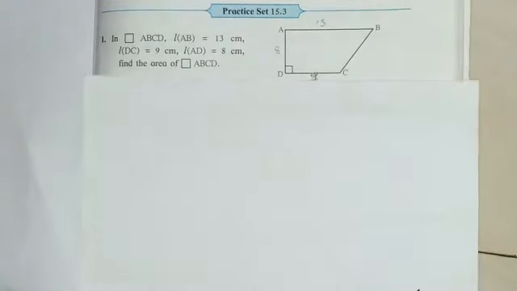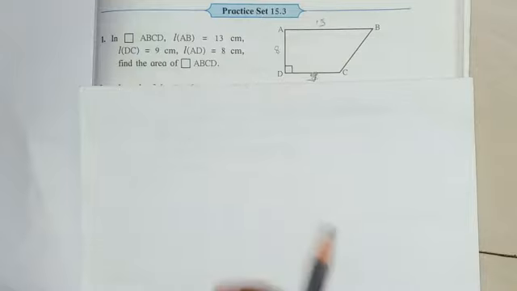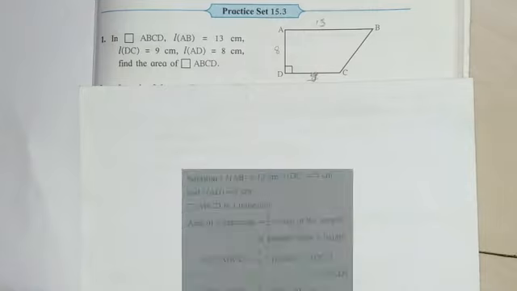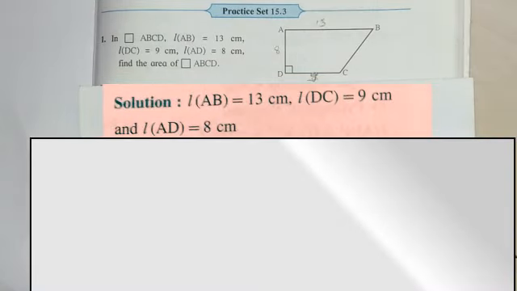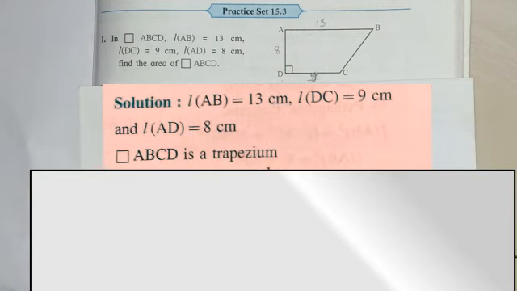So let's put the values into the formula and find the area of trapezium. In the answer, at first we write the length of AB is equal to 13 centimeter, DC is equal to 9 centimeter and AD is equal to 8 centimeter. In the trapezium ABCD, we have to find the area.